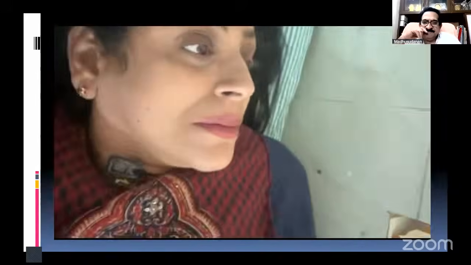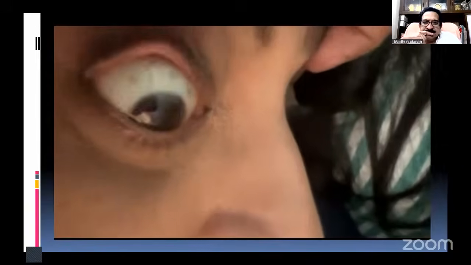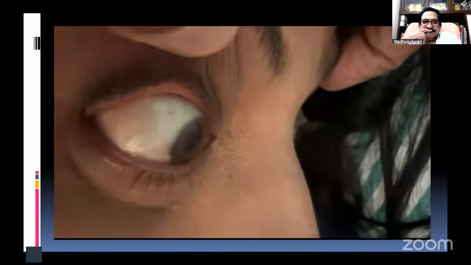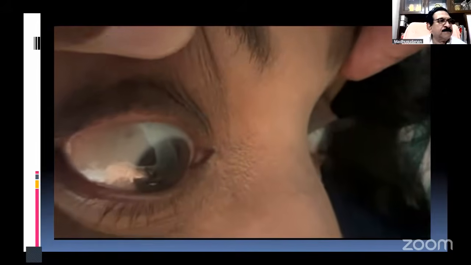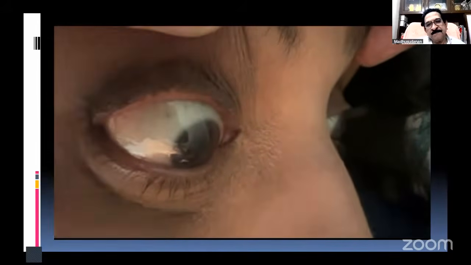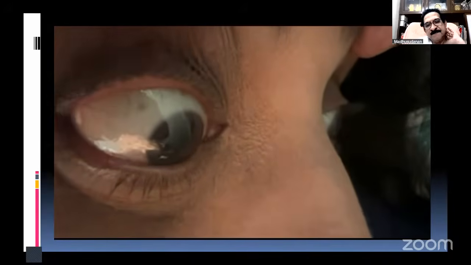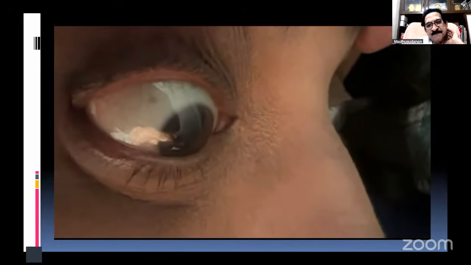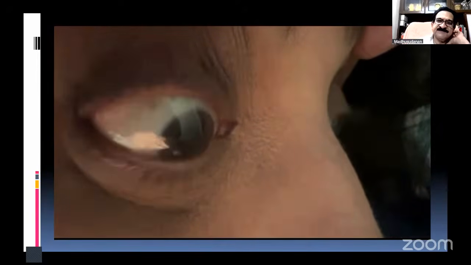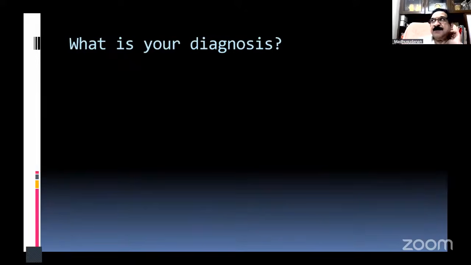Left side. Okay, right. Return. Subsides. So what do you think is the likely diagnosis we should have in mind?